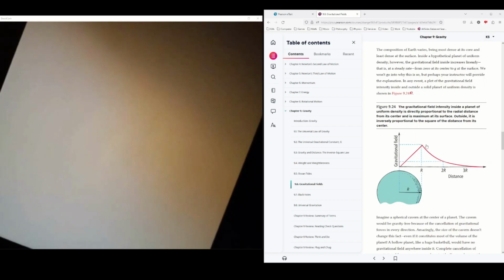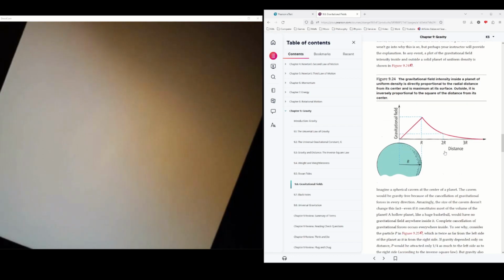That's this decaying part here. But so a little bit of a difference here. I think this is actually a little bit advanced for 101, but here it is. When you're inside of mass, the gravitational field is linear. That's what they're trying to show here. When you're inside of the Earth, inside mass. But once you get to the surface is when we get then the inverse square law here. That's what that graph is showing.